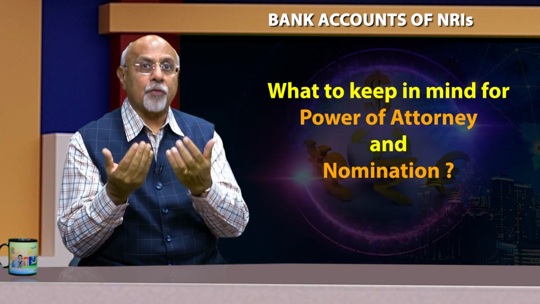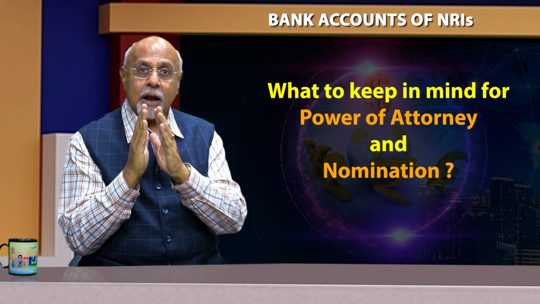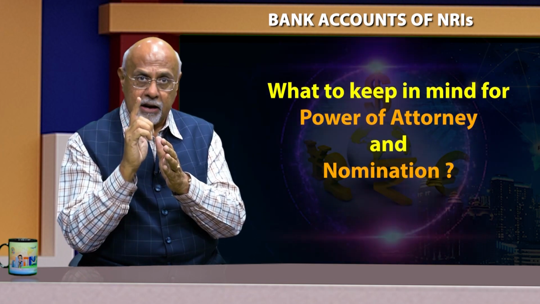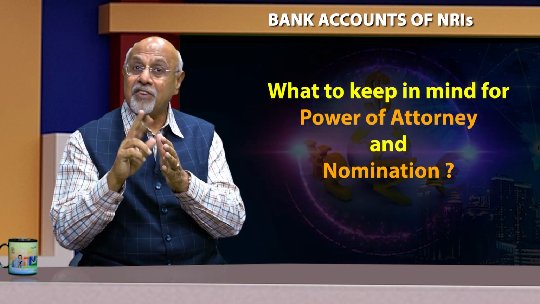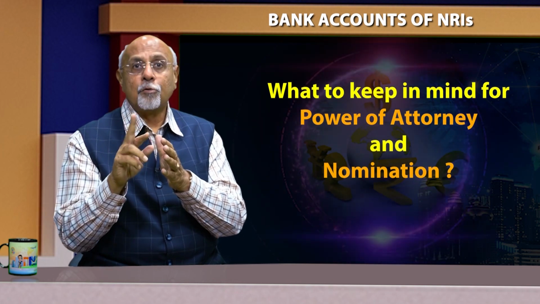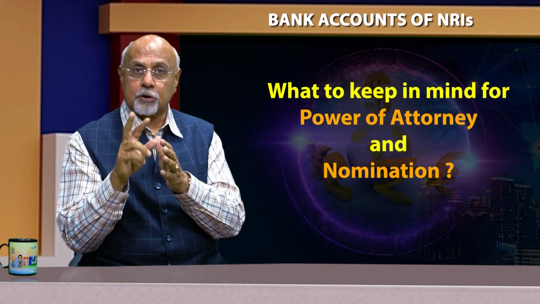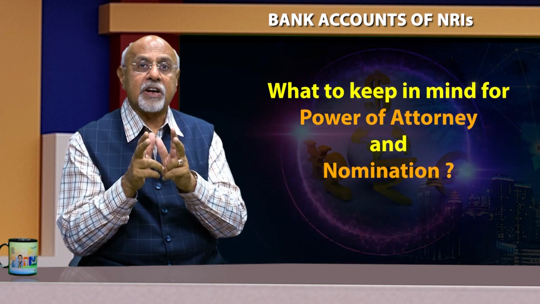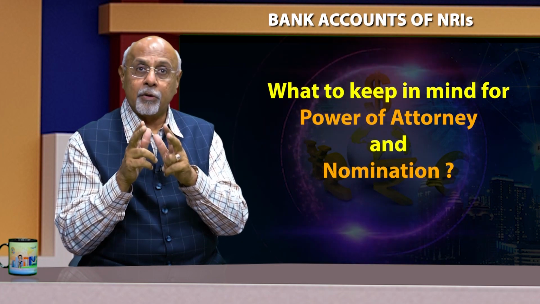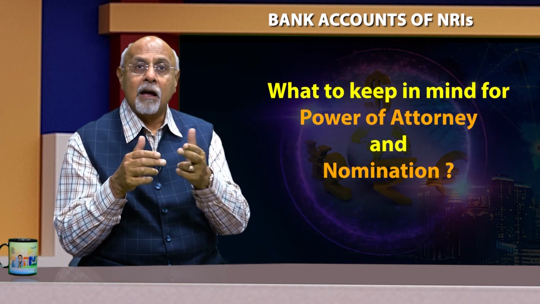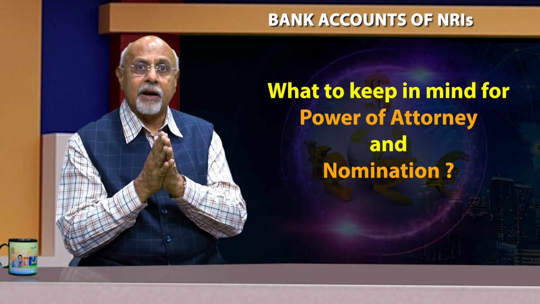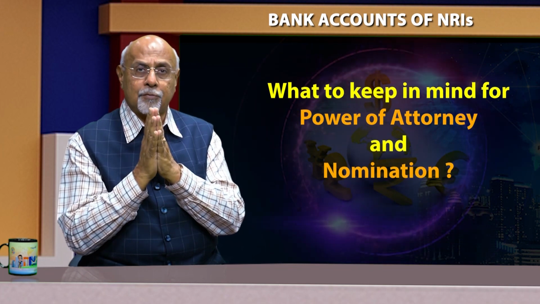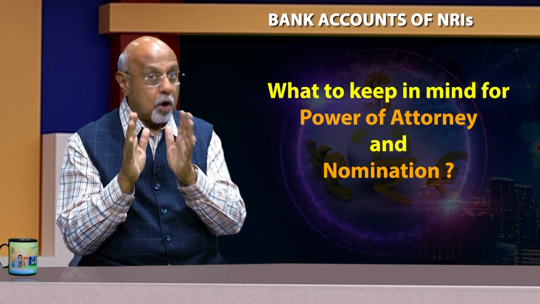In case of a power of attorney, you have to execute it very clearly. You can give it to any single individual, or you can give it either or to two persons. Any one of the two can operate. You have to ensure that this power of attorney is duly deposited with the bank after executing it, having it notarized, and getting it in the proper form and manner in which the bank wants.